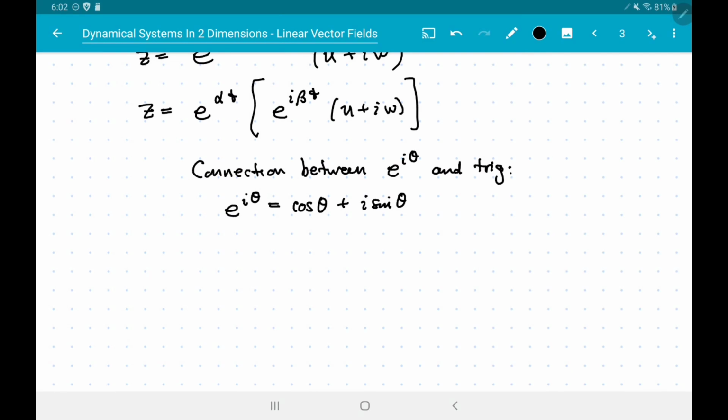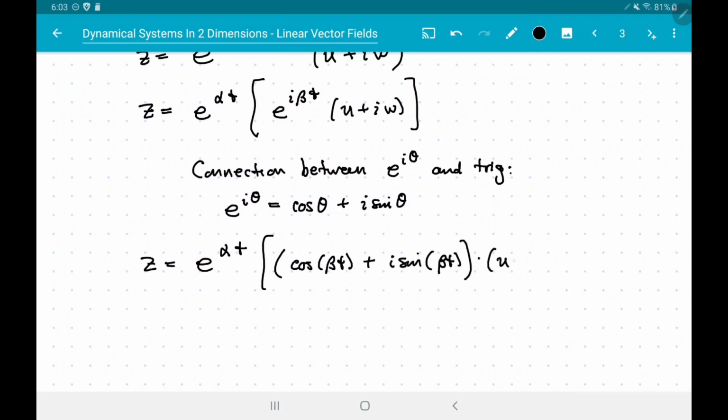That's sometimes called Euler's formula, and it comes from the power series for the exponential function and the sine and cosine functions. I'll talk about that later if you like. So e to the i beta t can now be written as cosine beta t plus i sine beta t, times u plus iw.